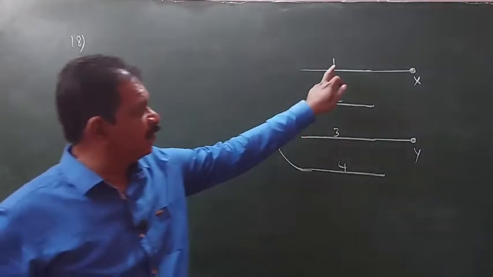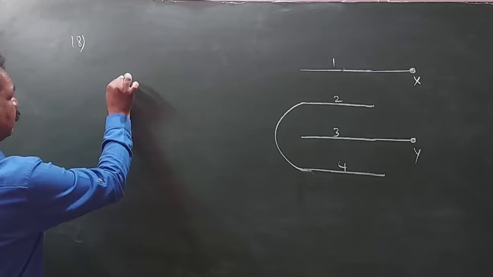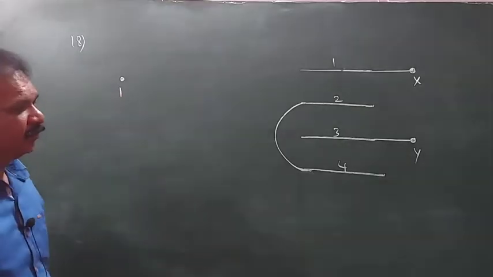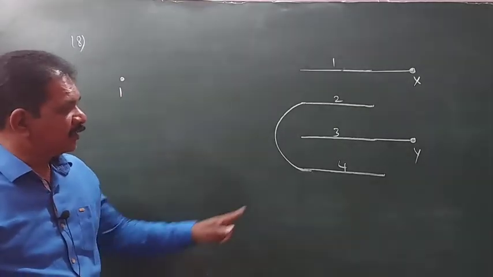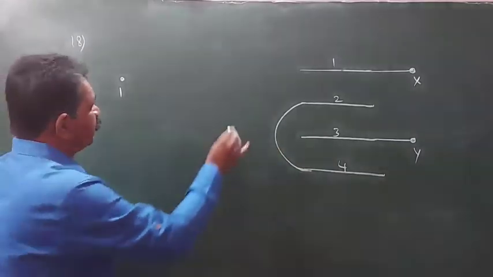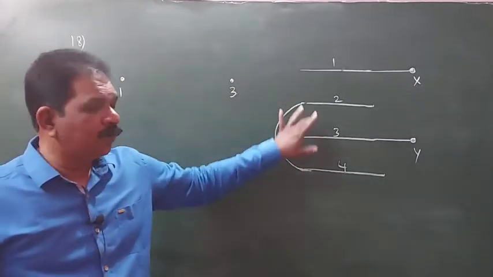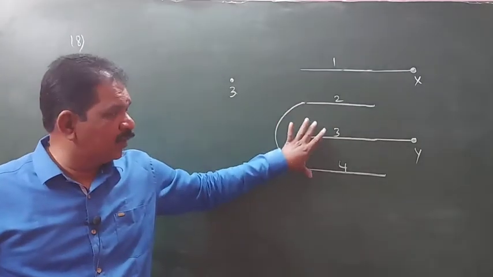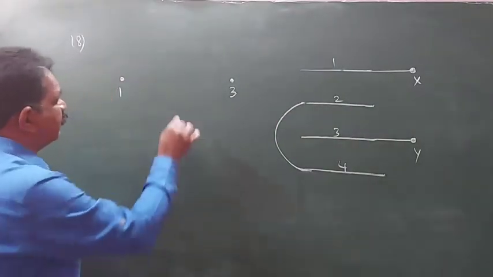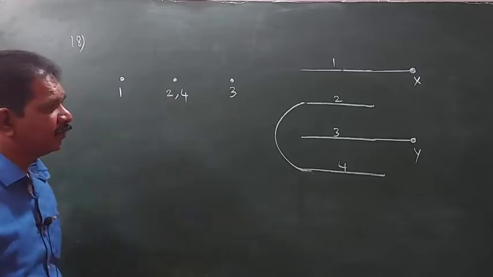So X place, the first plate is there, na? Write 1 here. Next, the last plate will be Y, so that is 3. 2, 4 are connected, means these two are at the same potential, so write 2, 4.